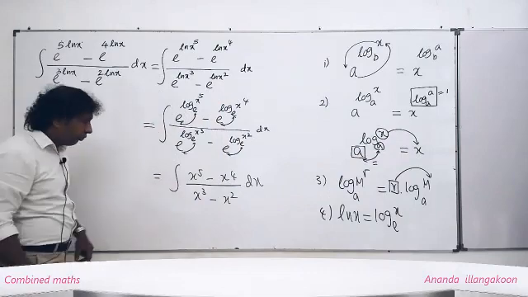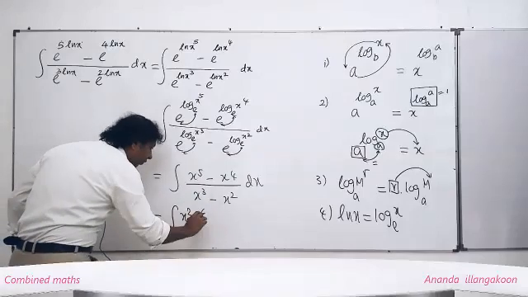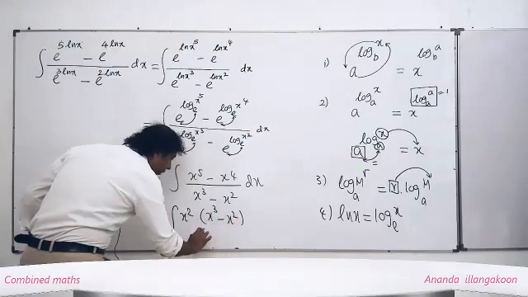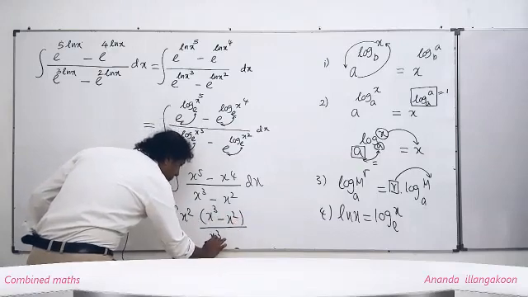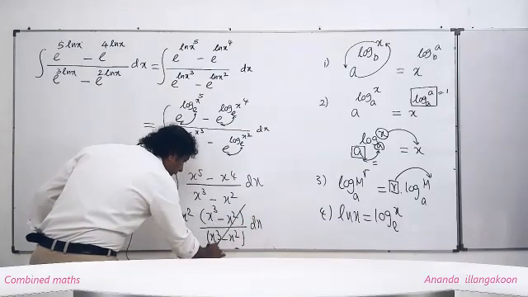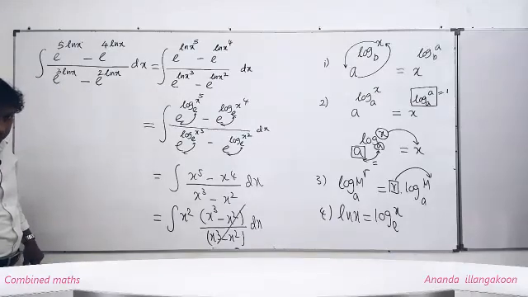We will take x squared out from the numerator. What is this? x cubed minus x squared, divided by x cubed minus x squared, dx. These two you can cancel out. Then we get only x squared.